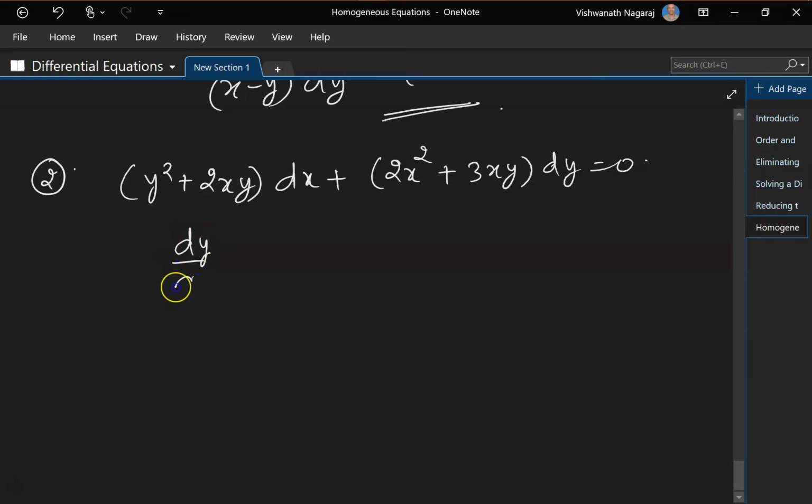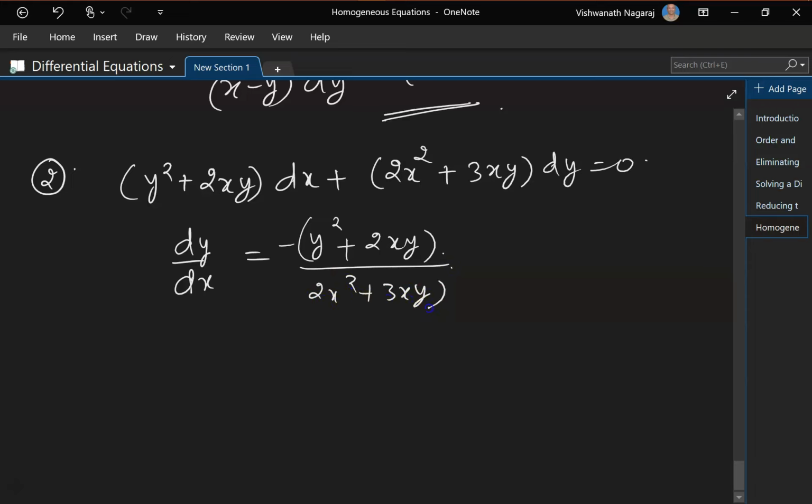So dy by dx, we take this to the other side. So minus y square plus 2xy, and the dx comes down here by 2x square plus 3xy. So this is a homogeneous equation.